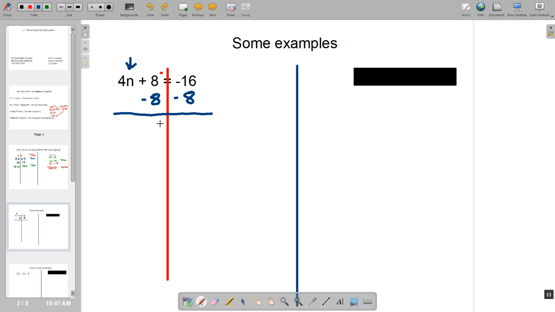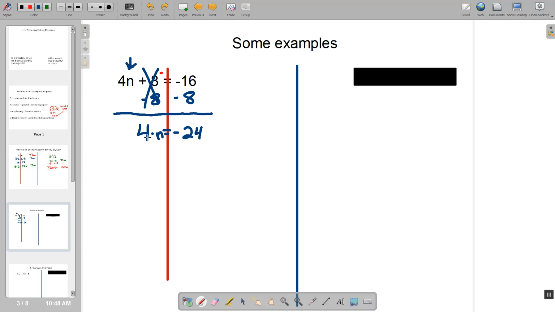When I draw a line here, it tells me to reset the problem. Well, +8 and -8 are equal to 0, so we can ignore them. Then I would do 4 times n, which is the thing that's left on this side. -16 minus 8 more is -24. And now I just do the problem again.